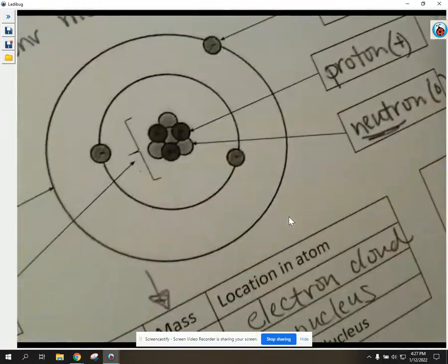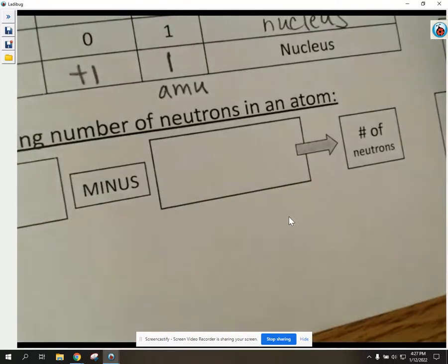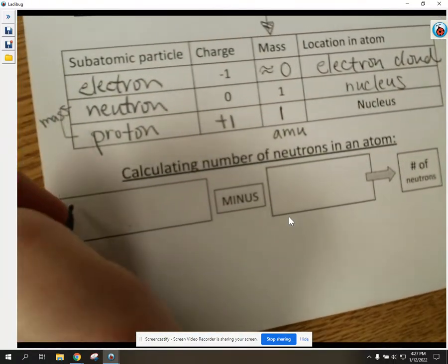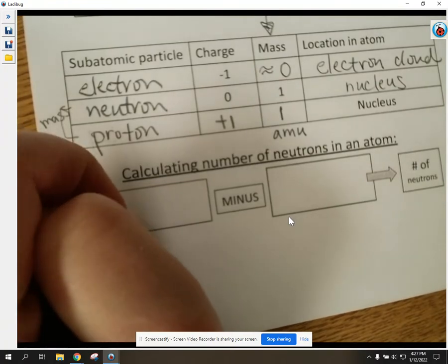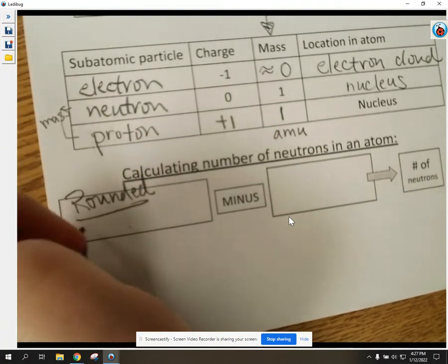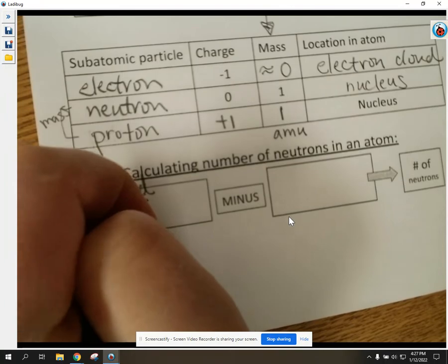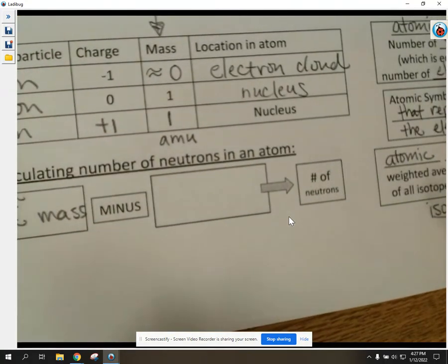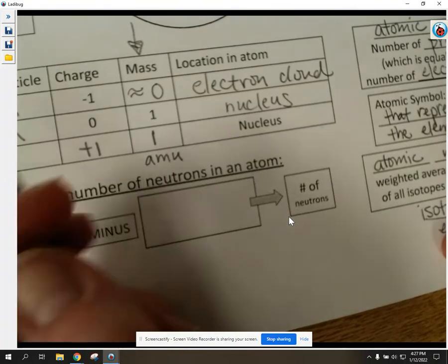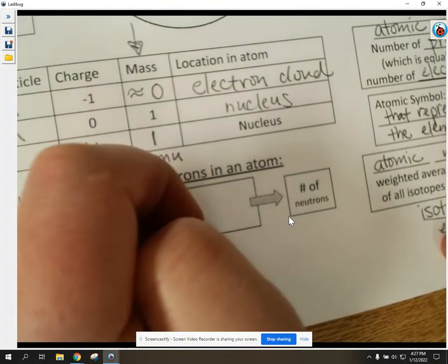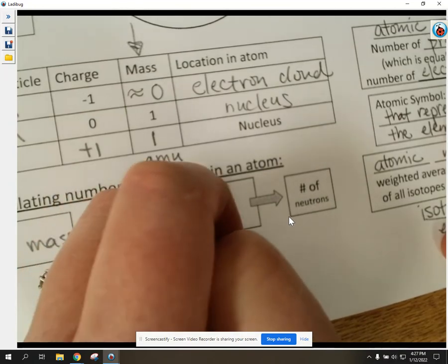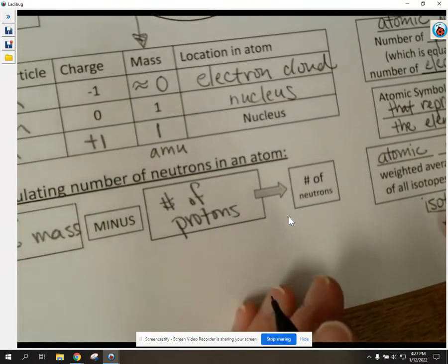Let's fill that in in this equation I've written for you: the rounded atomic mass minus the number of protons, which I could also call the atomic number, equals the number of neutrons.